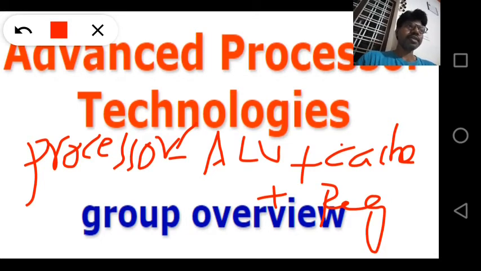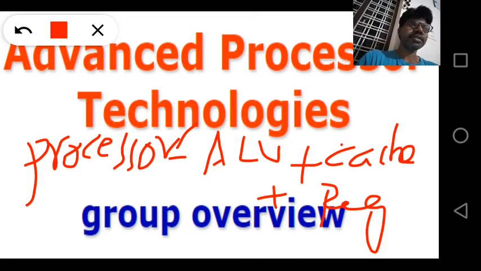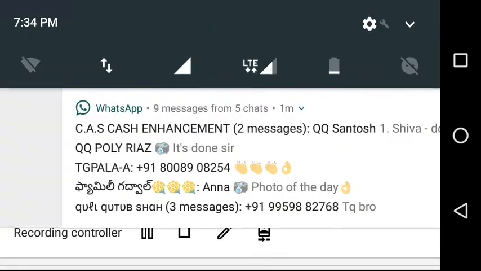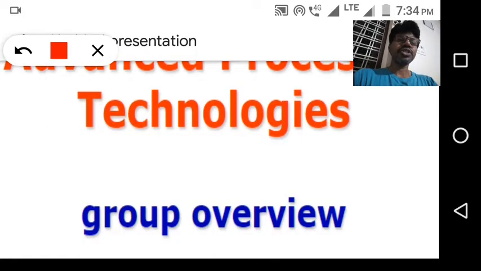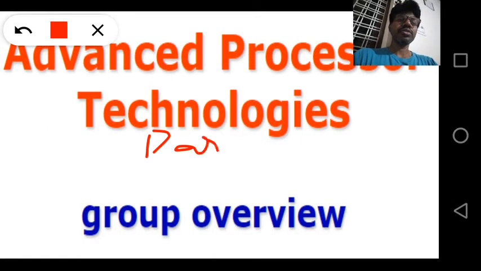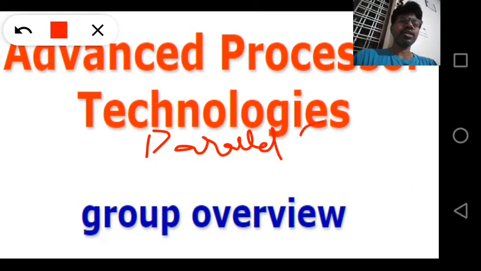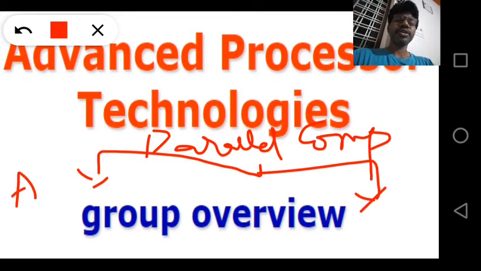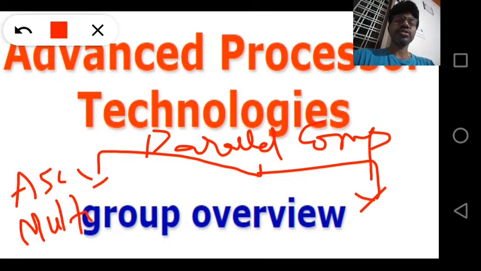And you know, parallel computing can be implemented by different technologies. We discussed how parallel computing can be achieved. Parallel computing can be achieved mainly with a single computer with multi-processors or a group of computers.